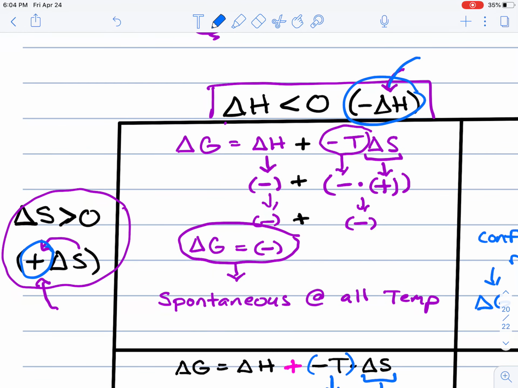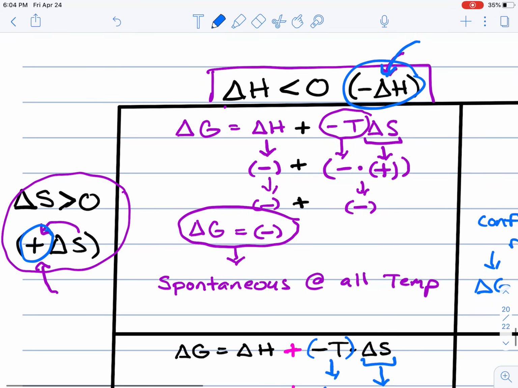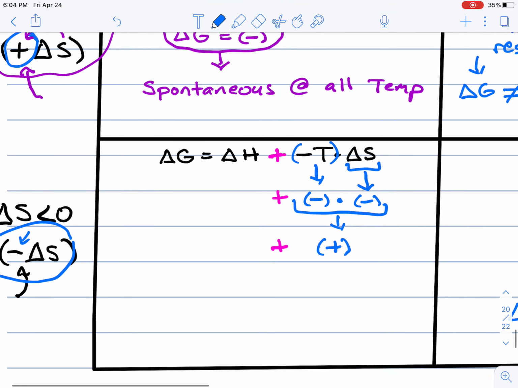So looking at the sign for delta H, it's negative. And so here, we don't really need to multiply or do anything to it. We just carry it down. And so once again, we get another scenario in which we have conflicting signs.